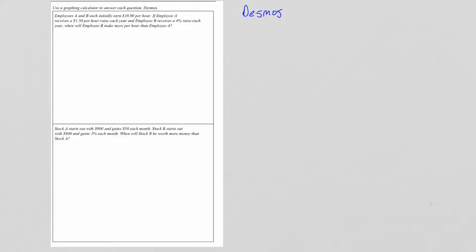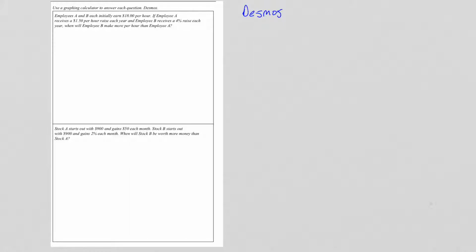So we got a situation now where we have to essentially combine linear and exponential functions and find out where they intersect. And so you got employees A and B, and they each both start off earning $18 an hour. One of them receives a raise of $1.50 per hour for every year, while the other one, employee B, receives a 4% raise for every year.